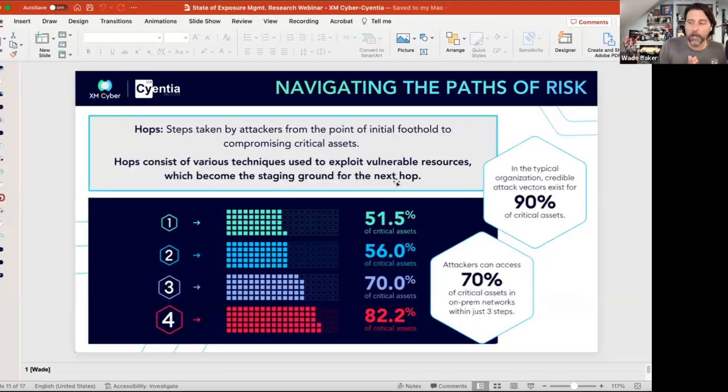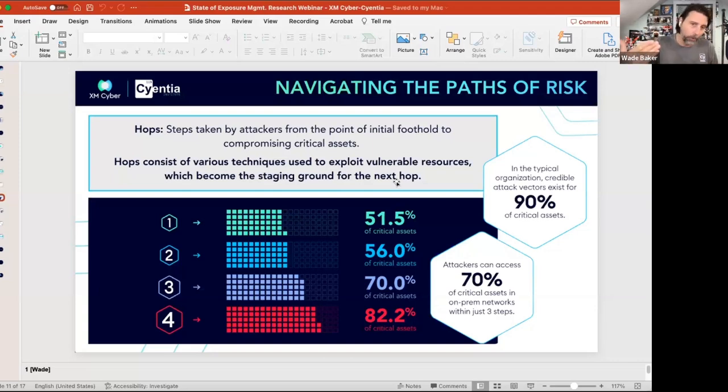The other thing I'll highlight is that not only the proportion, but we were able to measure the length of those paths, which surprised me. Within one hop, meaning the attacker is in the environment and within one movement from that point, they can reach over half of all critical assets in the environment. And by 4 hops, they can get to over 80% of exposures in the environment.